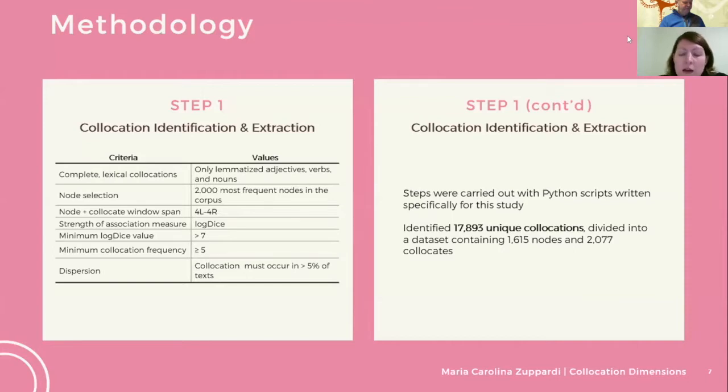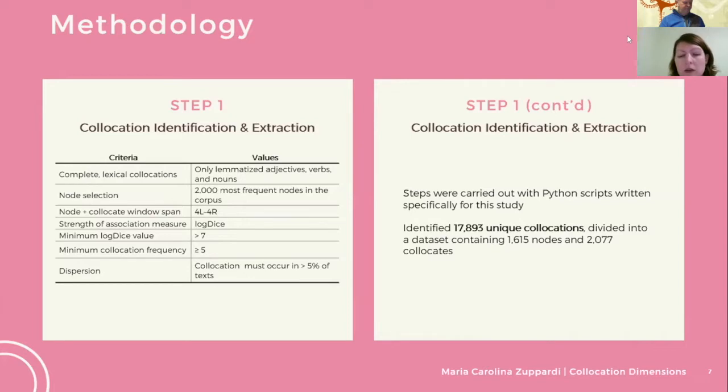I identified 17,893 unique collocations. In order to carry out a dimension reduction procedure, I divided that data set into nodes and collocates, with nodes being observations and collocates being the variables. I ended up with 1,615 nodes and more than 2,000 collocates.